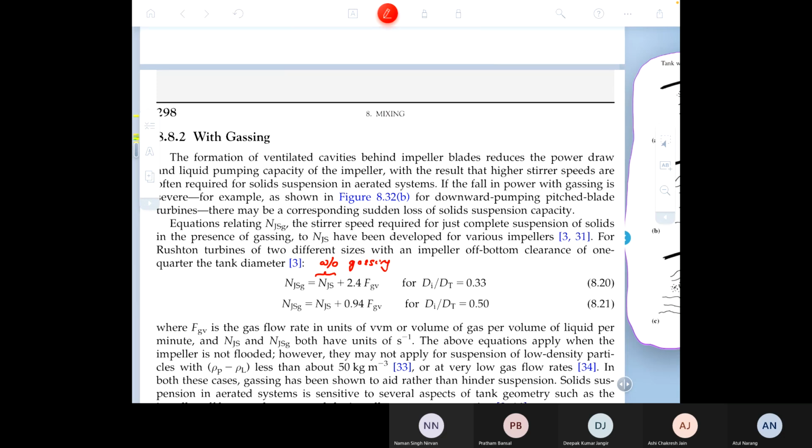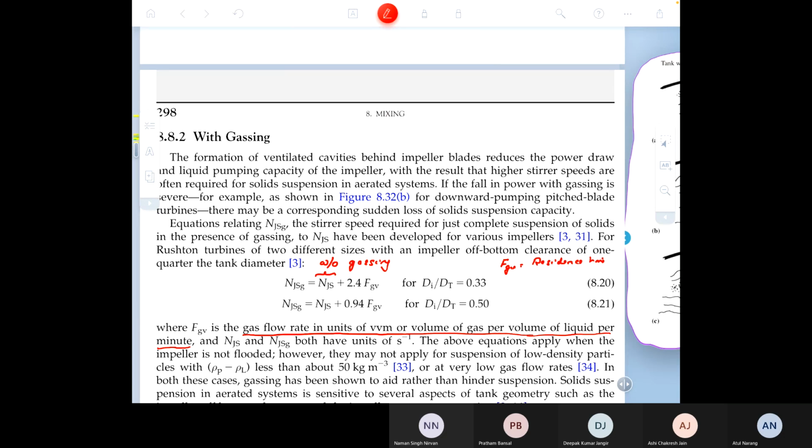is the gas flow rate in units of VVM, or volume of gas per unit volume of liquid per minute. So you can think of FGV as essentially a dilution rate of gas.